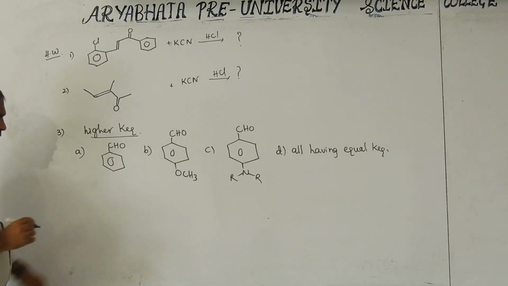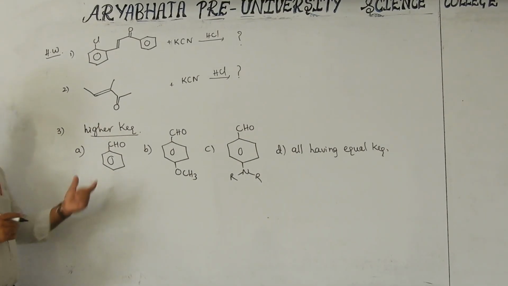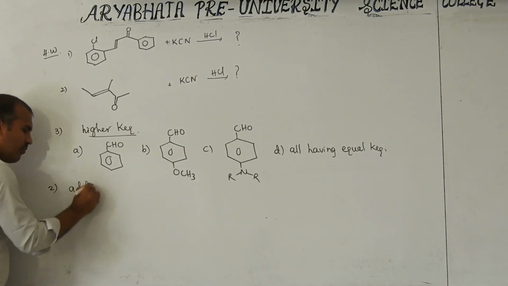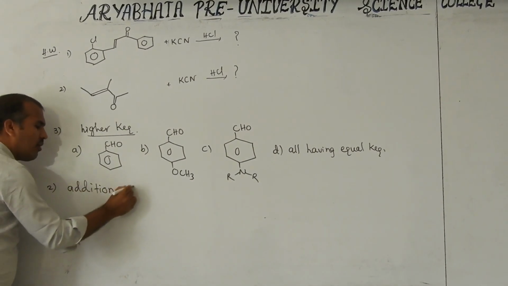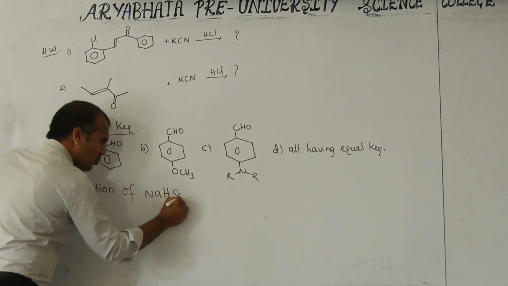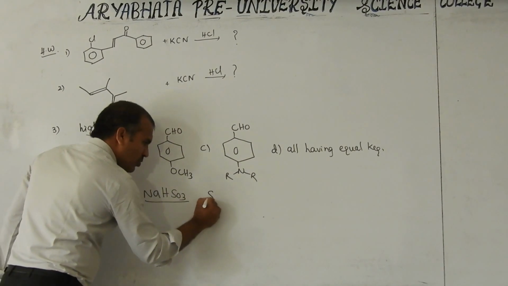Now, one more addition. The first addition was addition with HCN. This is the second addition reaction: addition of NaHSO3. What is the name of NaHSO3?